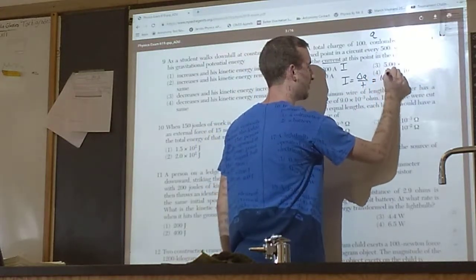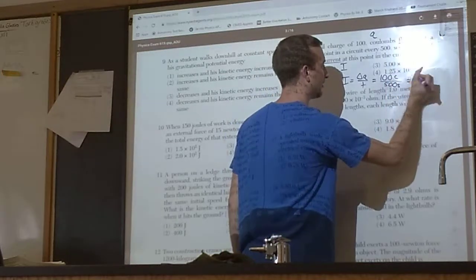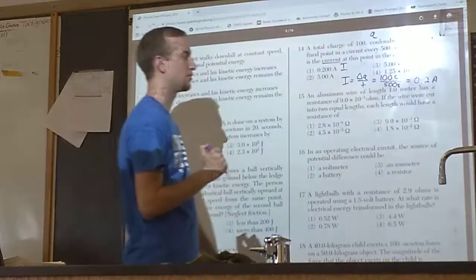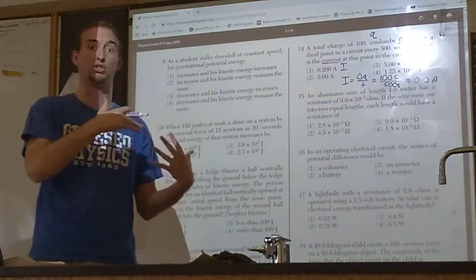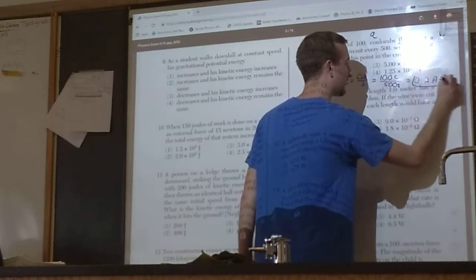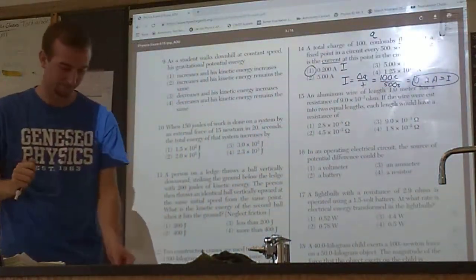So we have 100 coulombs divided by 500 seconds. We are left with 0.2 amps. Remember, an amp is a coulomb per second. It's a unit of how much charge is flowing past per second. That is I. That is choice number 1.